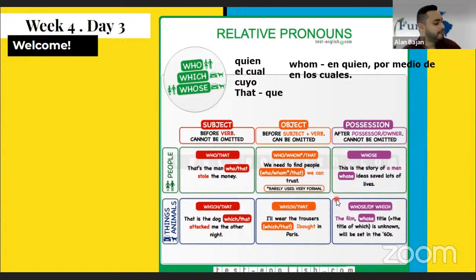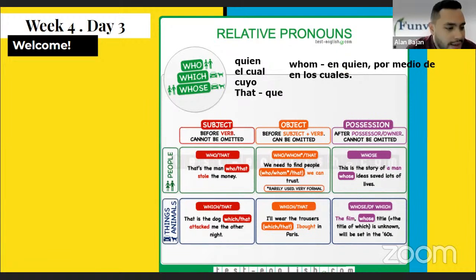Whose? Okay, cuyo. But it's not the animal, it's the phrase, the connector. And again, whom is very formal. You only find it in books, old books.